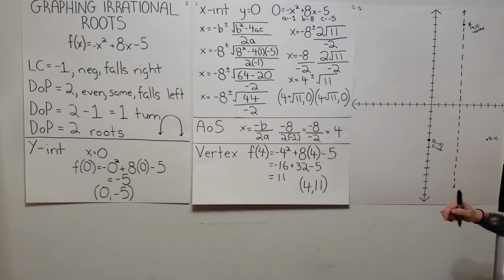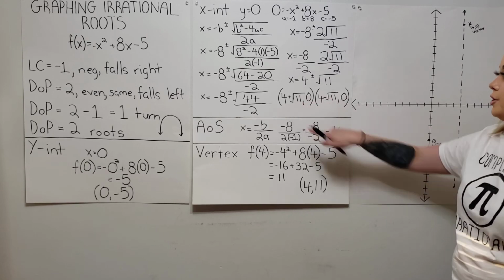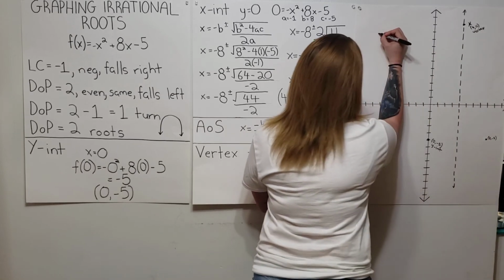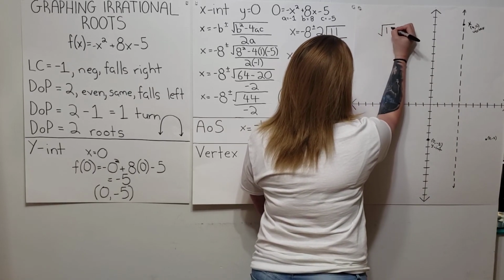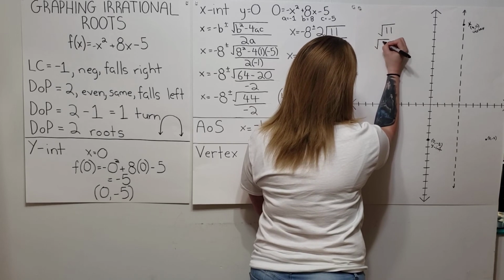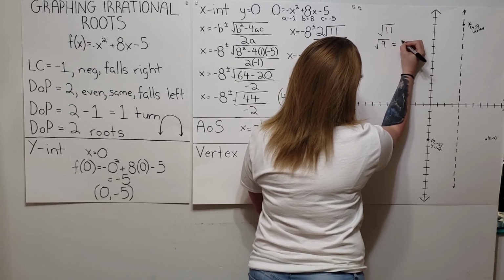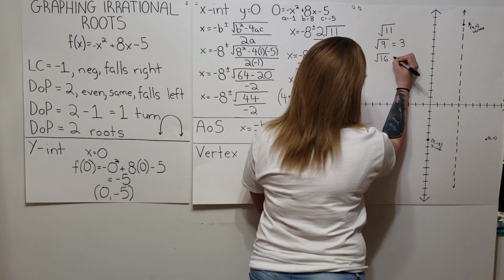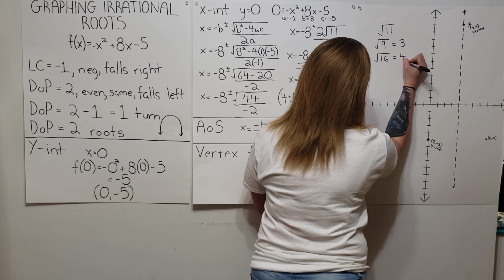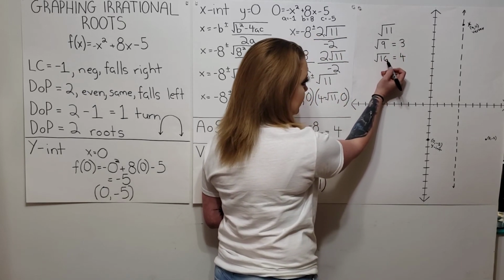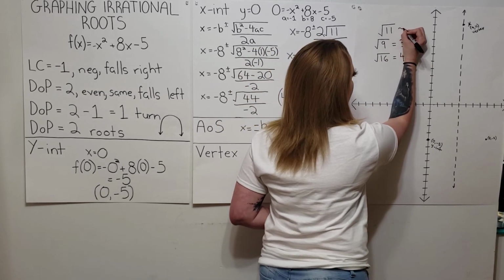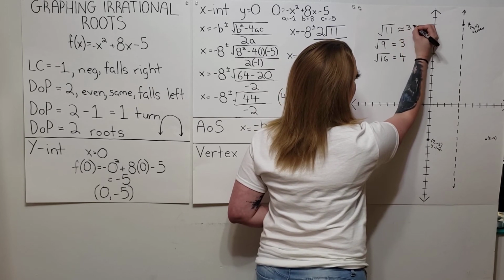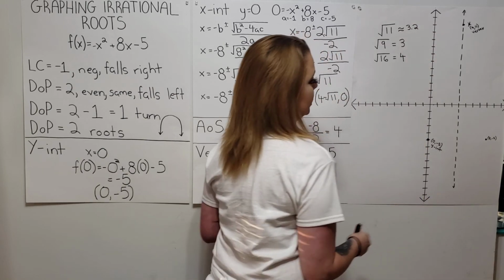Now we're going to find our irrational roots on our graph. We know that the square root of 11 is somewhere between the square root of 9, which is 3, and the square root of 16, which is 4. It's closer to 9 than it is to 16, so we're going to say that the square root of 11 is 3.2. So 3 and a little bit.